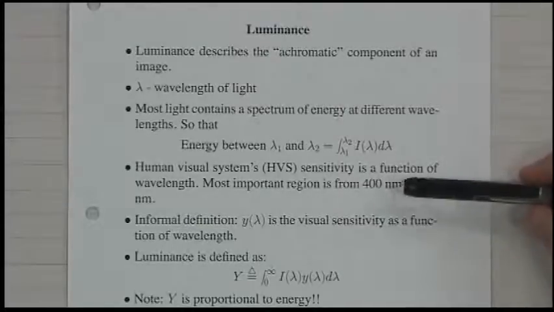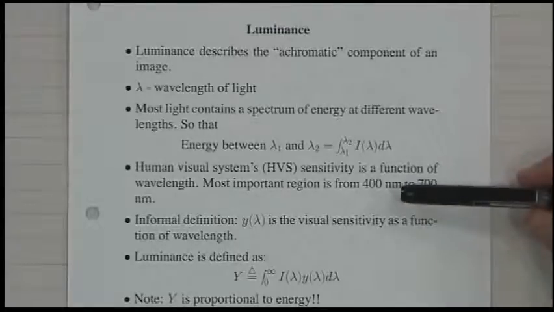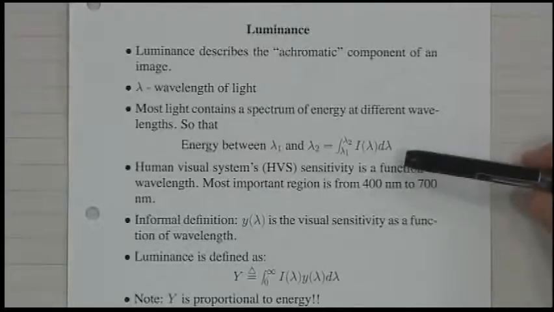Because we're going to see that images normally aren't proportional to energy. You've done the gamma correction lab already? Yeah, okay. In the gamma correction lab, you saw that the values of images that go between 0 and 255 are not proportional to energy.